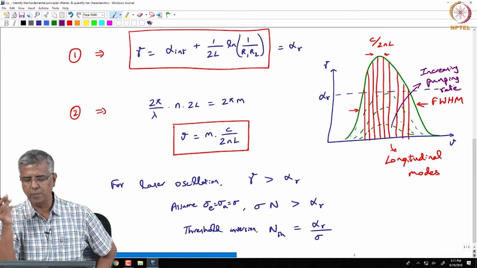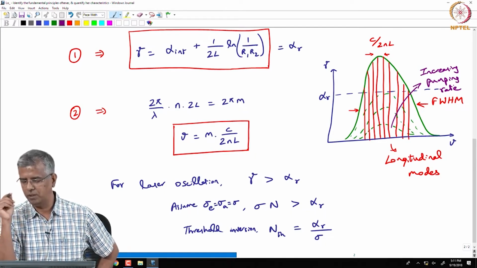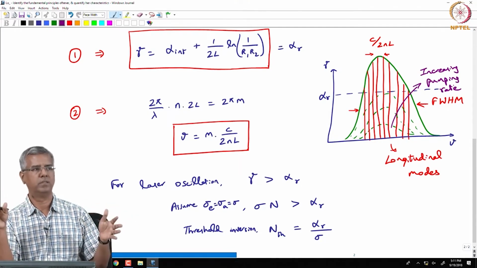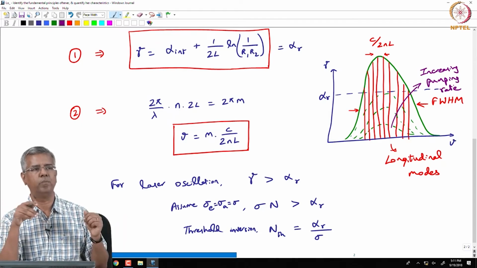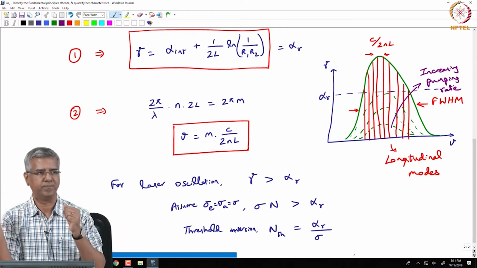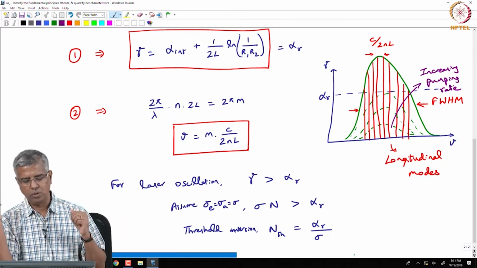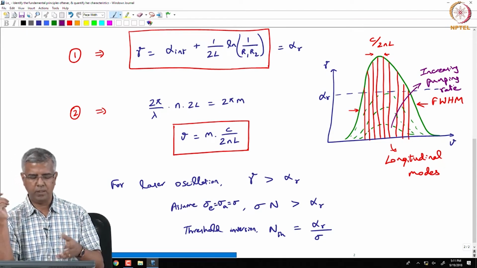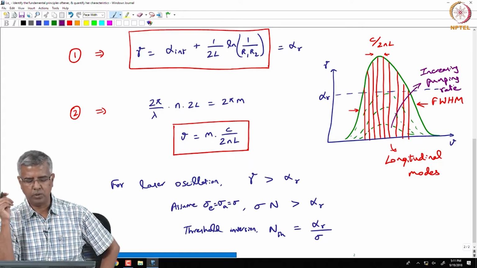Okay. So, what do I mean by the average lifetime of the photon? Basically, the photon bounces around for a certain time before it escapes the cavity. Okay. So, let's look at, for example, equation number 1 in a little more detail.